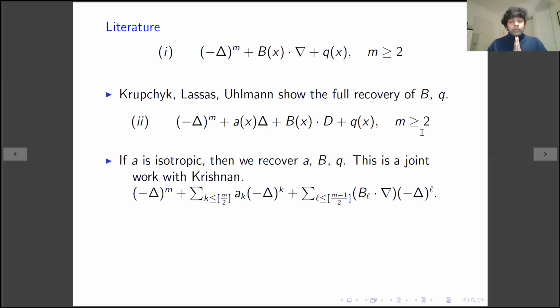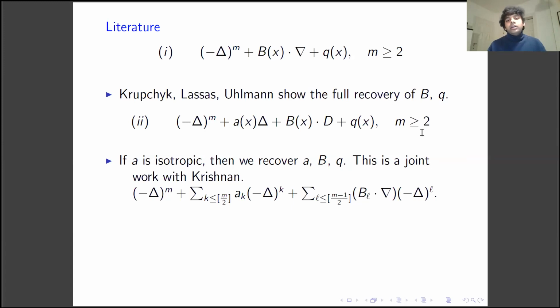This is the work we started with Venkateswaran Krishnan, and we showed that if A is isotropic, then it's actually not so difficult to prove, along the same line of proof of Krupchik, Lassas, and Uhlmann, that you do recover A, B, and Q. But you need to assume that A is isotropic, which was an important assumption there.